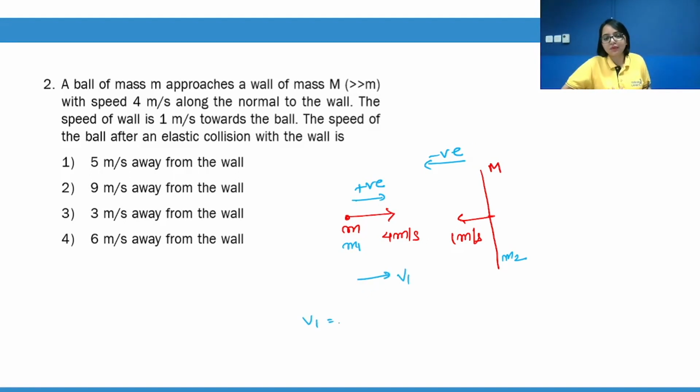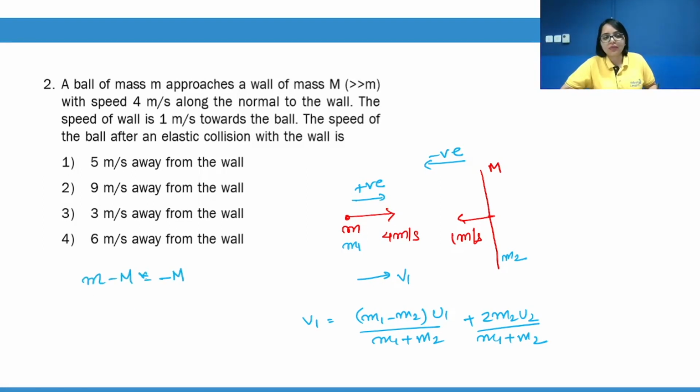So v1 can be written as (m1 minus m2) into u1 divided by (m1 plus m2) plus 2 m2 u2 divided by (m1 plus m2), where m1 is small m and m2 is capital M. Now, if small m is much less than capital M, then you can write small m minus capital M is approximately minus M, and small m plus capital M is approximately capital M. Right?